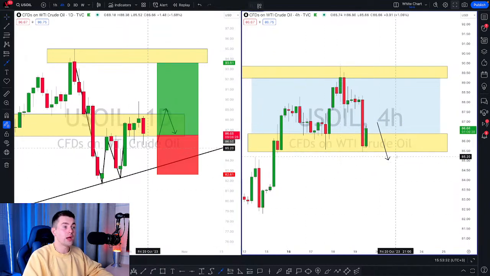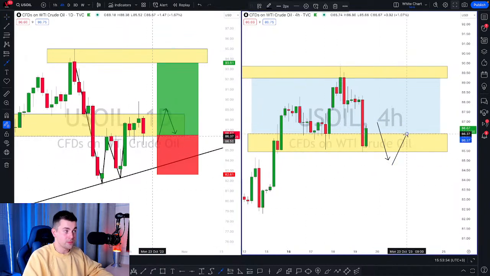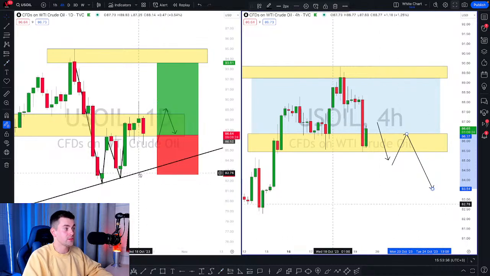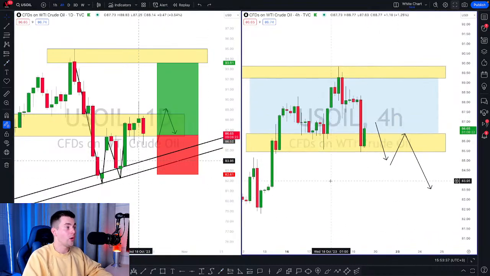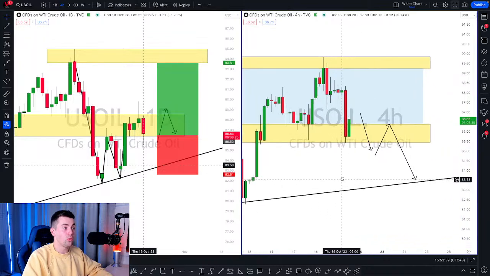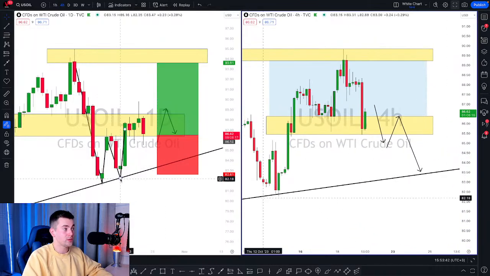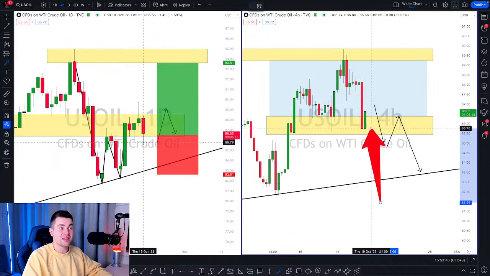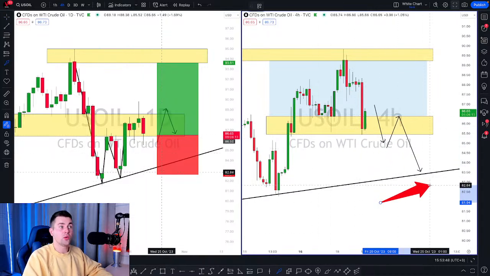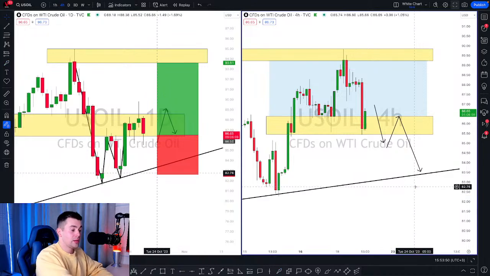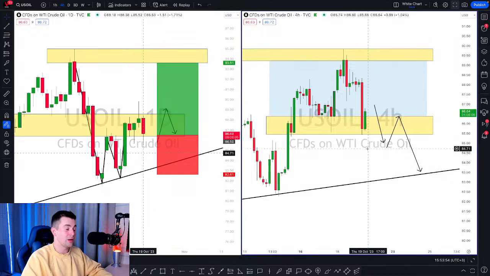The market will confirm the strength of the sellers, and that will push the prices all the way down to our falling trend line. Yes, that was the trend line that we spotted on a daily, and if the price violates that horizontal support, we will then anticipate a bearish movement to that trend line.